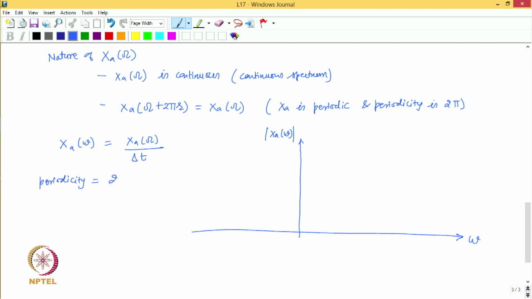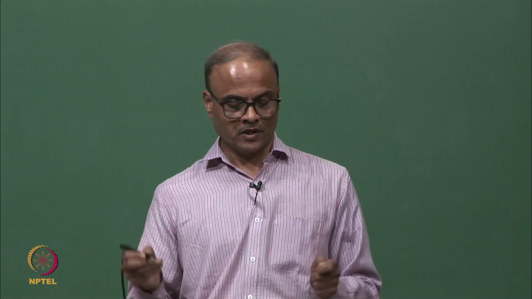The periodicity will be 2 pi upon delta t, because 2 pi is the periodicity of X_a(uppercase Omega), and therefore the periodicity of X_a(lowercase omega) would be 2 pi by T. And 2 pi by T, which is nothing but 1 upon T, is the sampling frequency, in radians per second. So the periodicity of X_a(omega) in radians per second is nothing but omega_s. After every omega_s frequency range, the DTFT is going to repeat.